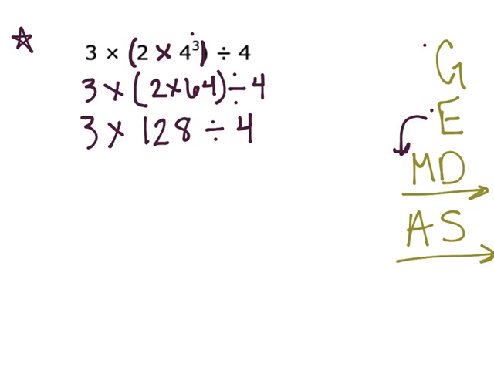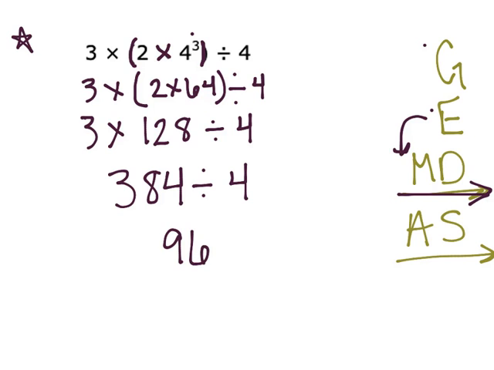Now I ask myself, what do I do with multiplication and division? Remember, I need to go from left to right, so I'm going to do 3 times 128, which is 384. Then lastly, I have 384 divided by 4, which gives me 96. Since my final answer is 96, I need to make it obvious by putting a circle or a box around it.